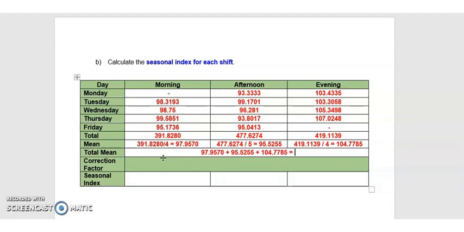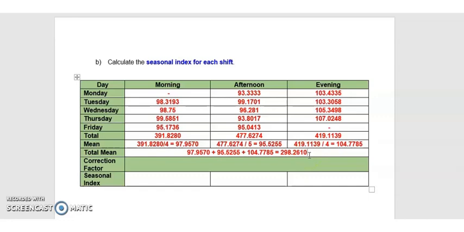So equivalent to 298.2610. Okay, so later on you can press the calculator directly. So no need to write this one by one. You just write the final answer, also no problem.